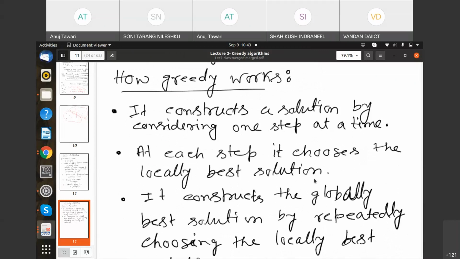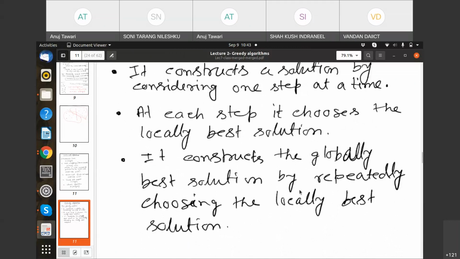So you repeatedly choose the locally best solution and hope that it gives a globally best solution. So certain places where divide and conquer doesn't work, you can always try a greedy algorithm.